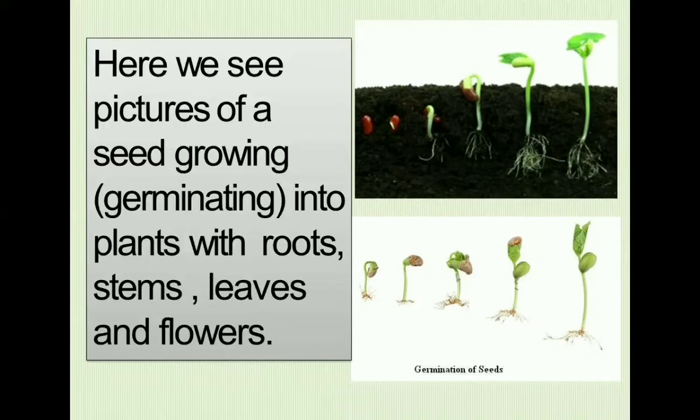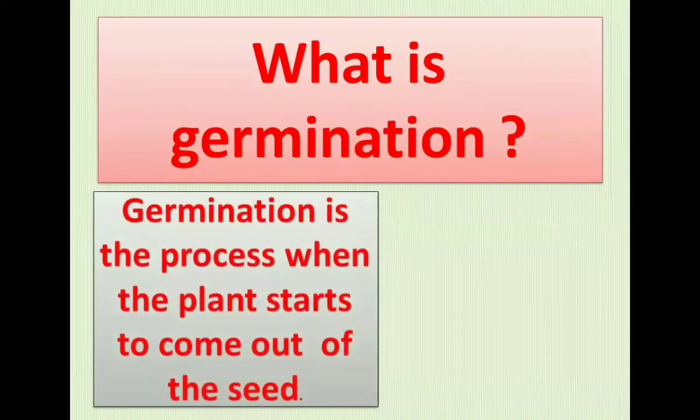It has its process. What is germination? Germination is a new word for you. Let's find the meaning of germination. Germination is the process when the plant starts to come out of the seed. Now, when we will see a plant coming out from the ground, that means seed, we will know the name of the process.